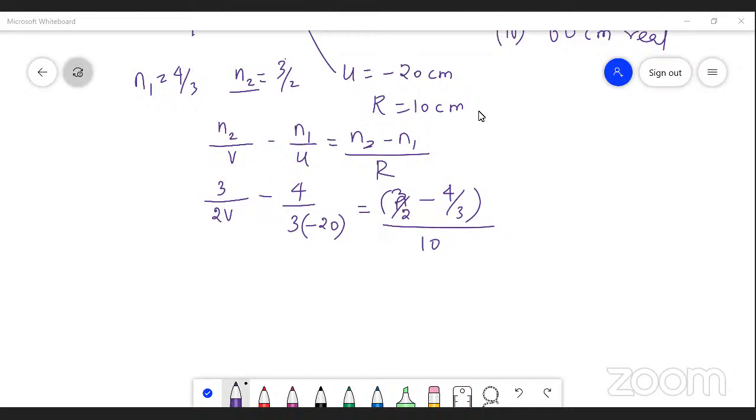Okay, give your answer. So 3 by 2V minus 4 divided by 3, U value is negative 15, which is equal to 3 by 2 minus 4 by 3 whole divided by radius of curvature, which is 10.